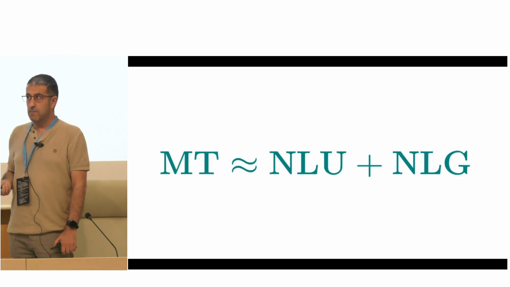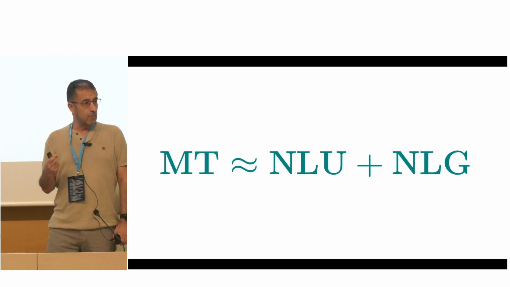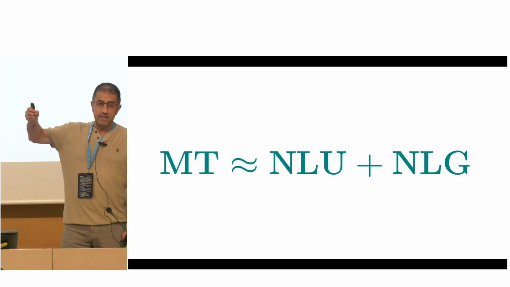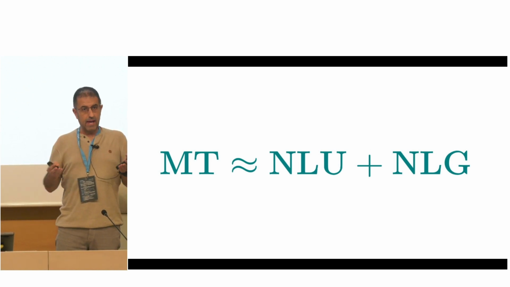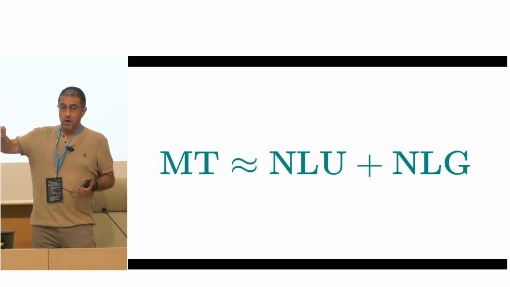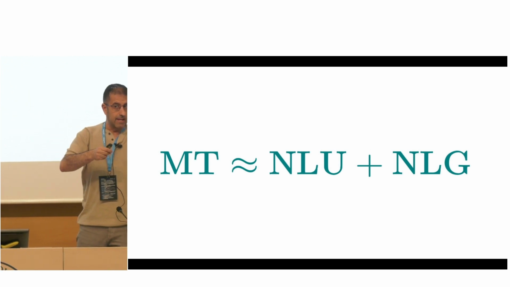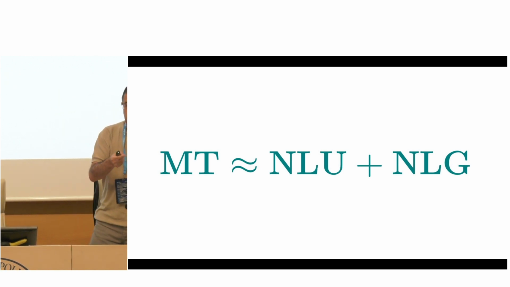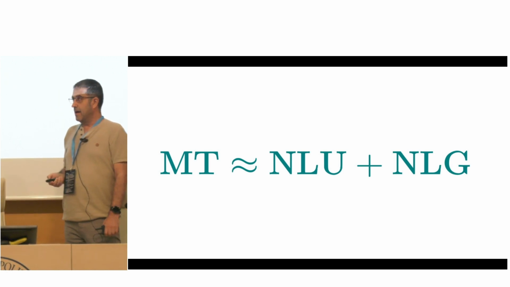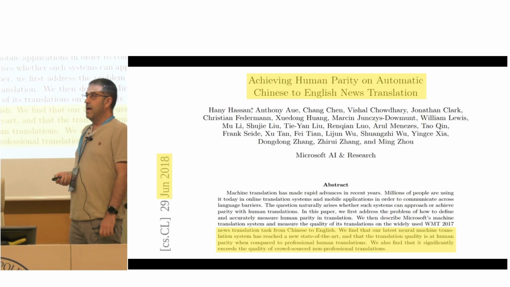So machine translation is behind most of the advancements in natural language processing, especially because it implies two things that are very relevant for any other task: you need to understand natural language, understanding the input text, and then you need to be able to generate the text in the target language.